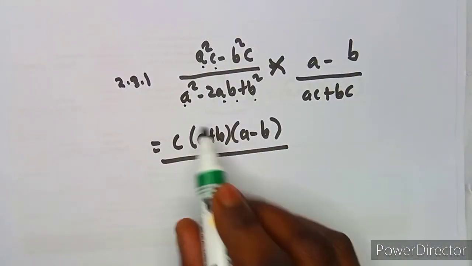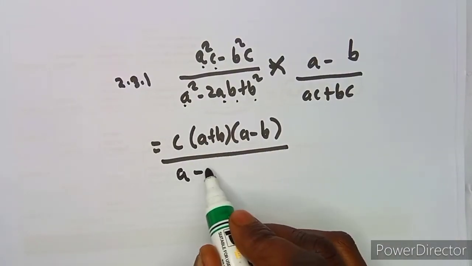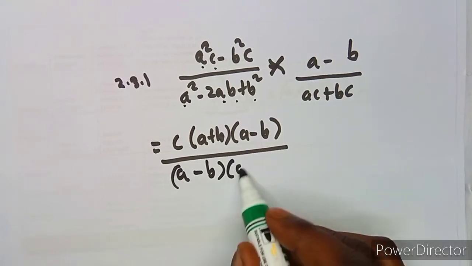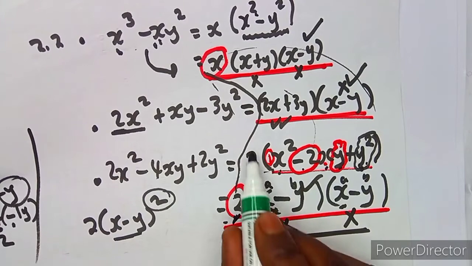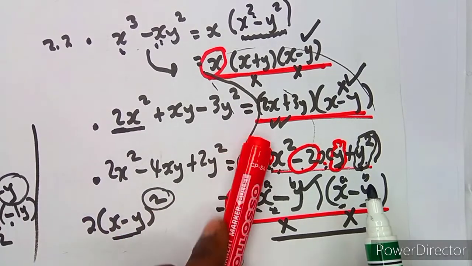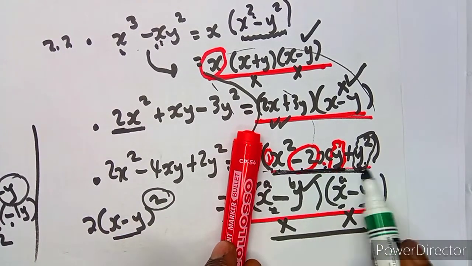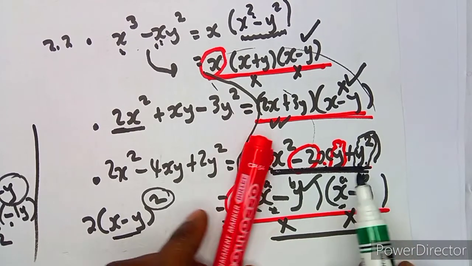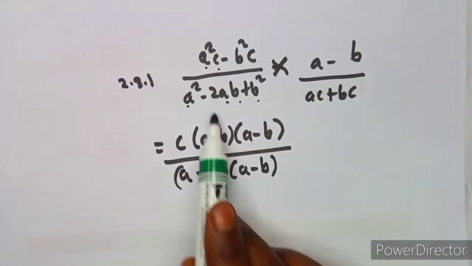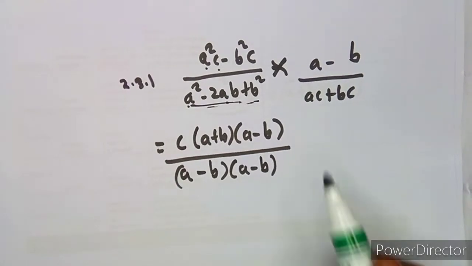So it's going to be a minus b, a minus b. So this is what you're going to have. Take note, the 2 here was for this number which was already outside. I'm talking about this part, this one. Are you seeing that is the same thing that we did on this question, which is the same here? This is just repeated as it was.